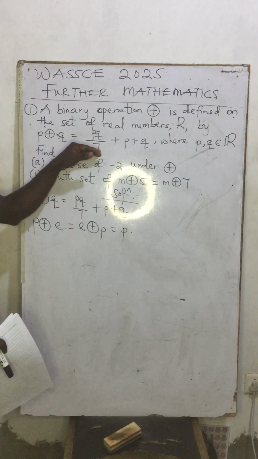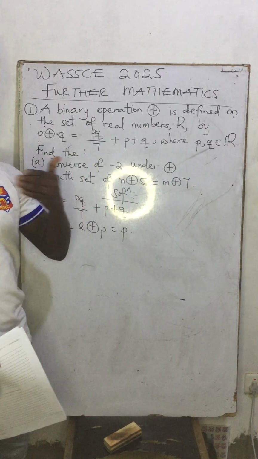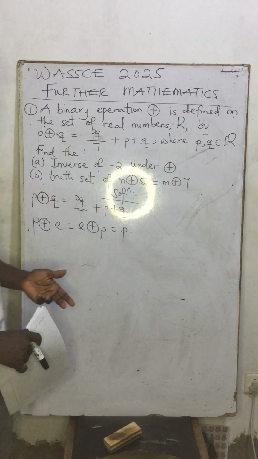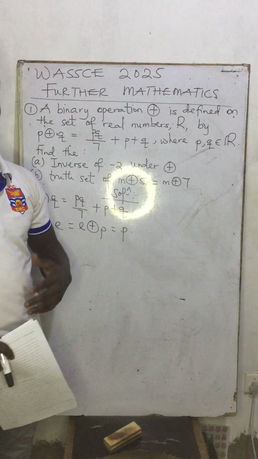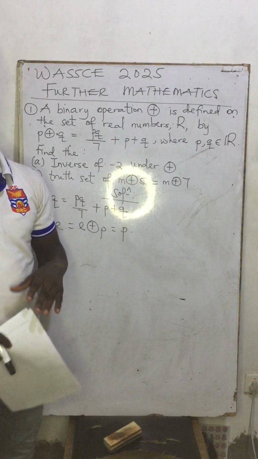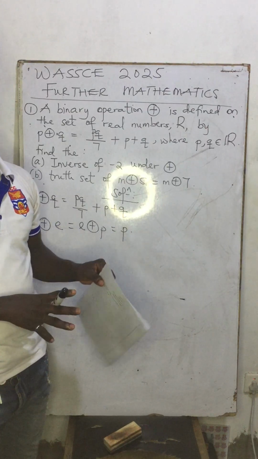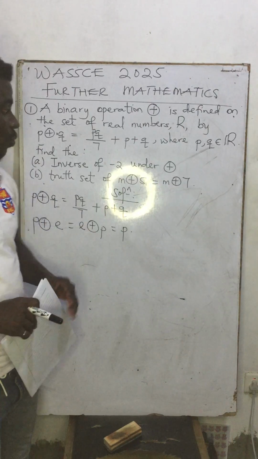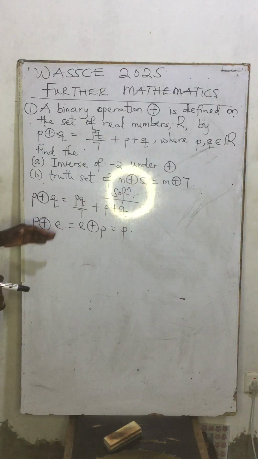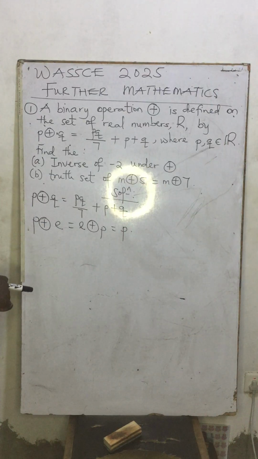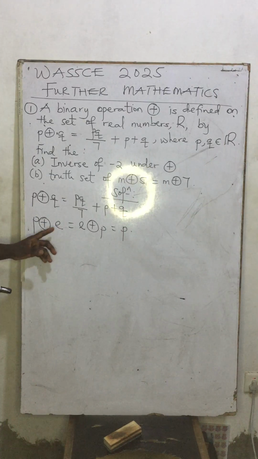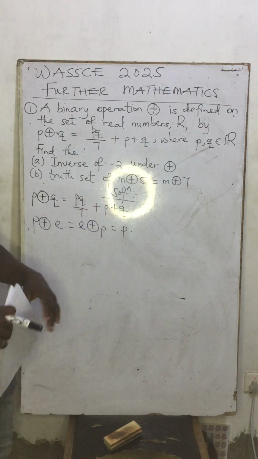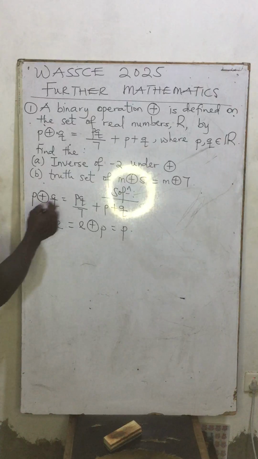We have to check whether the operation is commutative before we can find the identity element. If the operation is commutative, it permits you to find the identity element. If the operation is not commutative, then we can't find the identity element for the given operation. So here, since the operation is commutative, we can find the identity element. P operation E equals E operation P equals P, where E is an element of the set of real numbers.